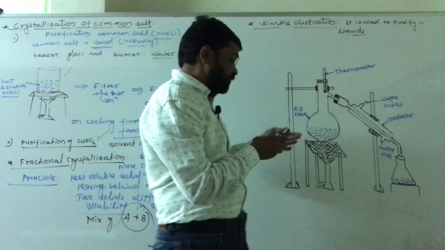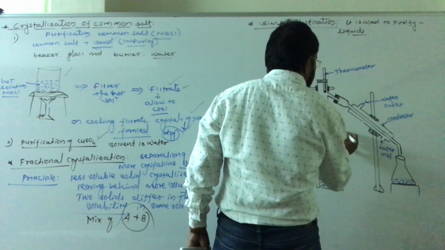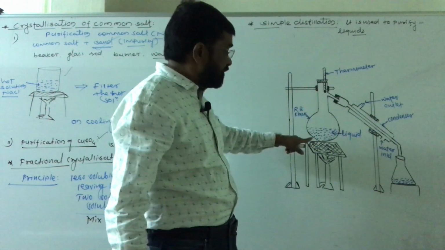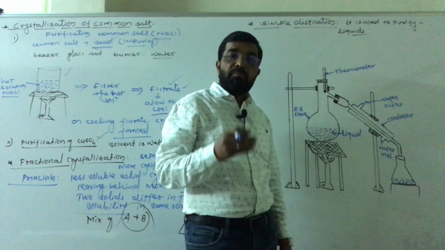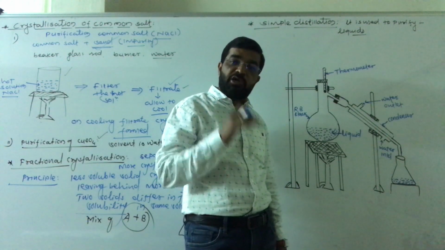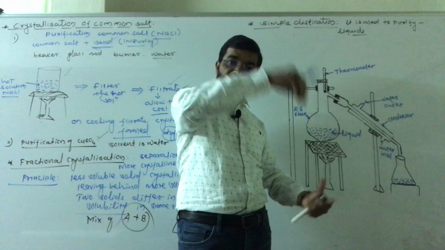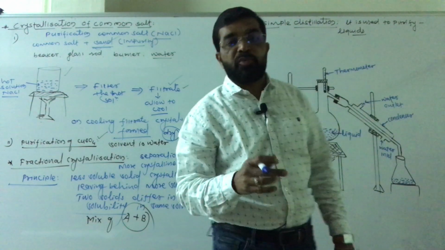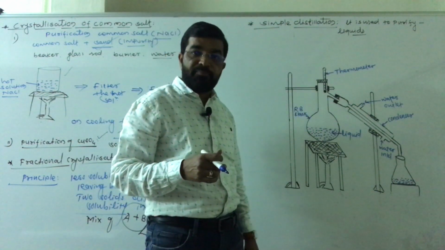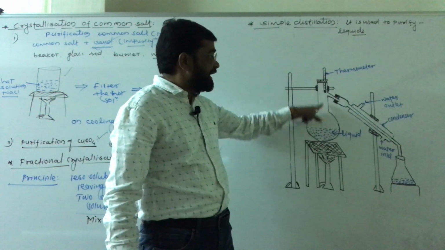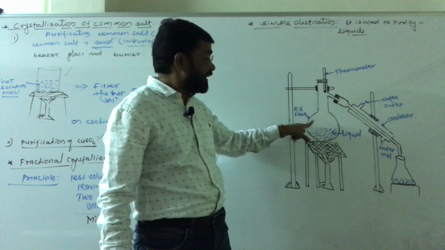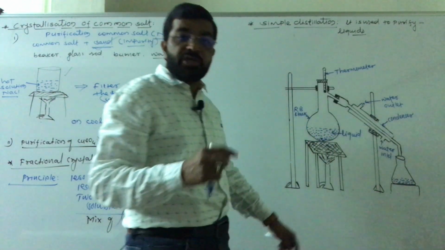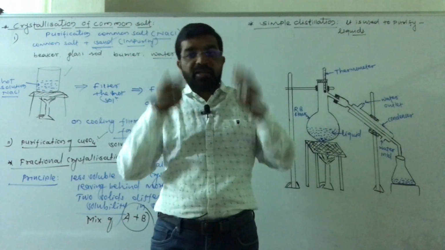Okay, see the arrangement of apparatus. Here this is the liquid which is to be purified. We have to take it in this round bottom flask. But remember, before taking that liquid in this round bottom flask, it is filtered through filter paper to remove the insoluble impurities. After filtering, the liquid is put in this round bottom flask. Add some porcelain pieces into that round bottom flask to avoid the bumping.